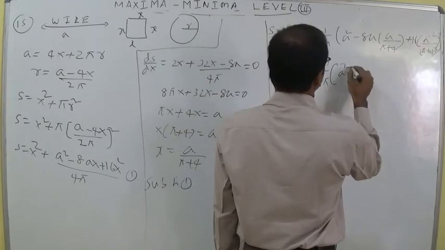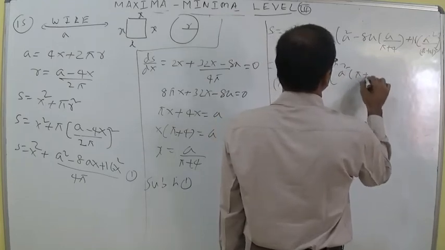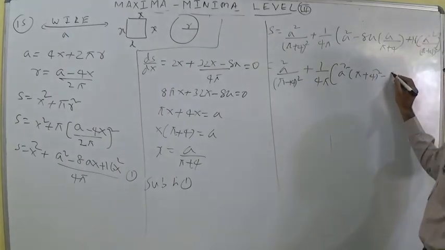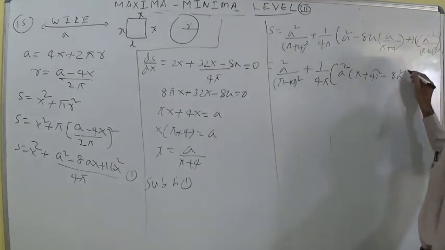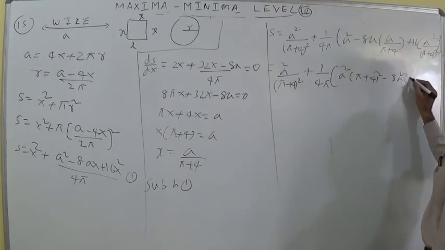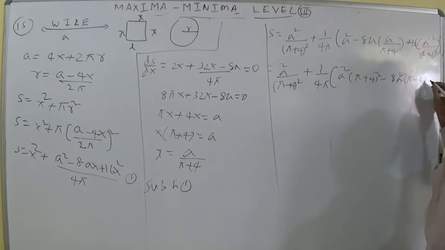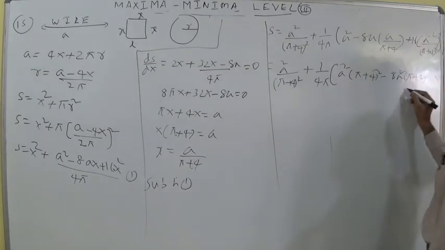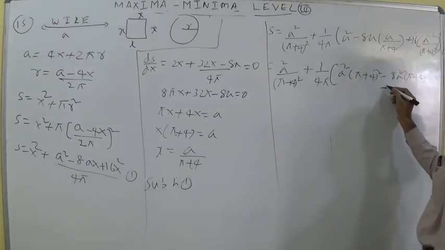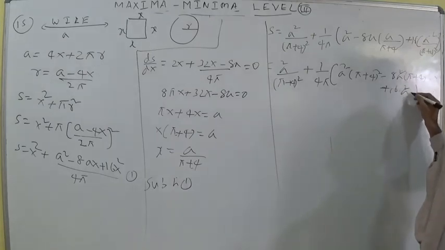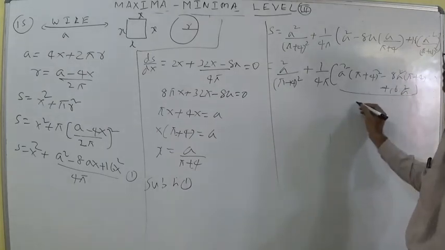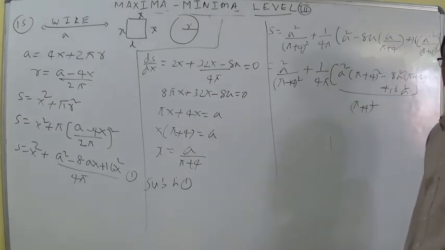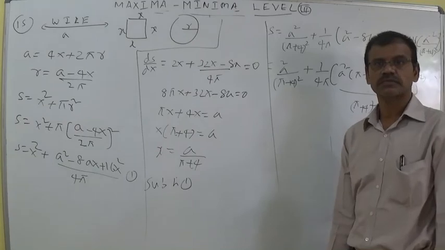1 by 4 pi into, take an LCM here, a square into (pi plus 4) whole square minus 8a square into (pi plus 4) plus 16a square, whole by (pi plus 4) whole square.